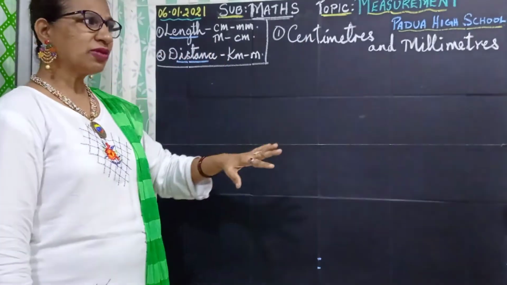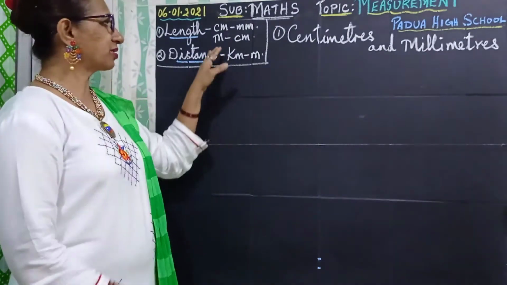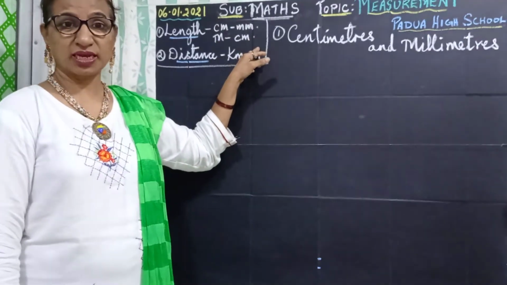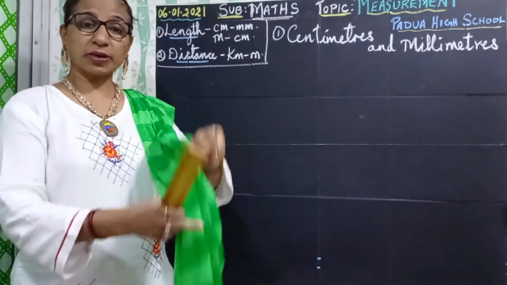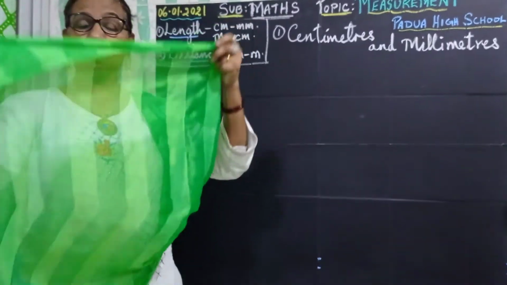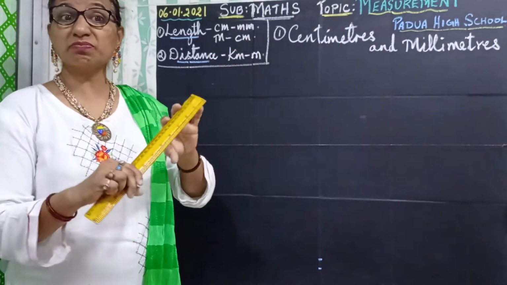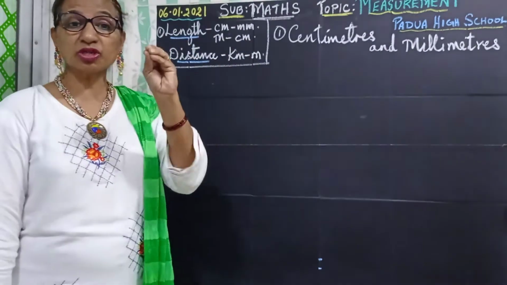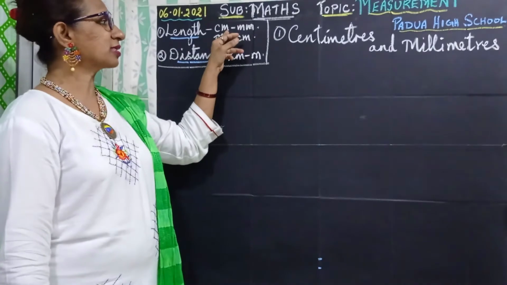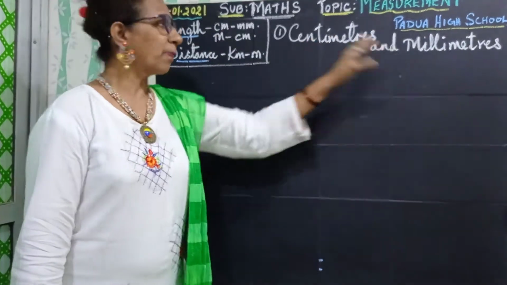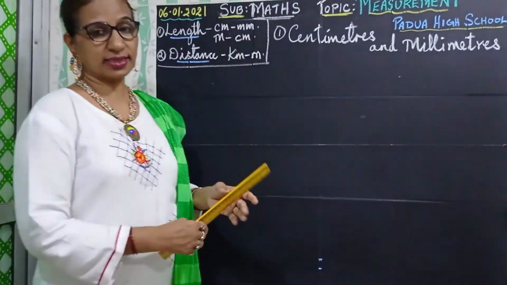And if it is something a little big, then we take meters and centimeters. जैसे कपड़ा होता है, ये बड़ा होता है, तो कपड़े को हम मीटर्स और सेंटीमीटर्स में मापते हैं, उसका मेजर करते हैं. सो उसके जो यूनिट्स होते हैं, those units are called centimeters and millimeters and meters and centimeters.